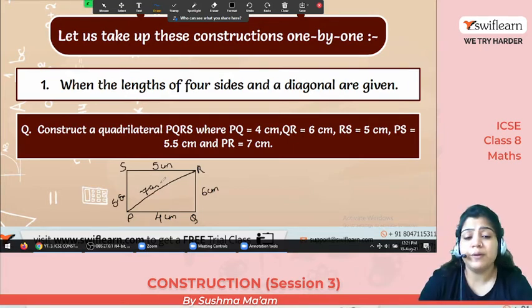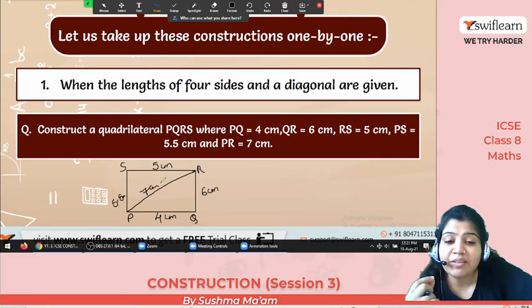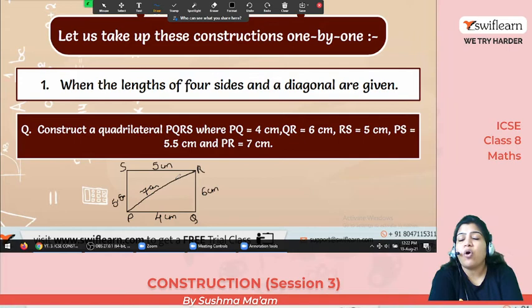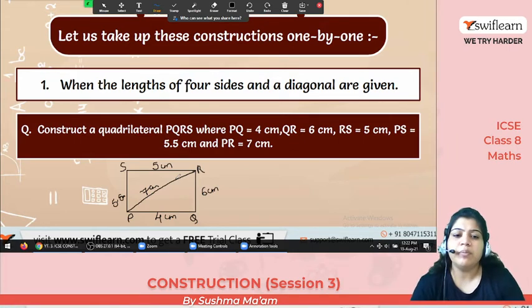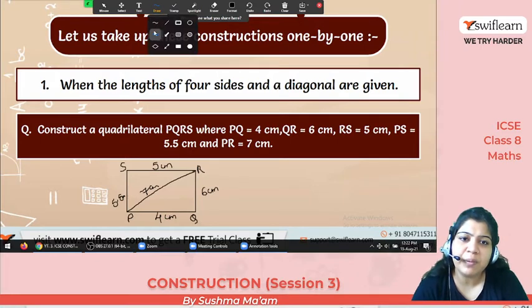Now, to construct this quadrilateral, what do I have to do? That's my first point. As I can see, when a diagonal is given, always start from the diagonal. Because if you see this properly, this represents one triangle.